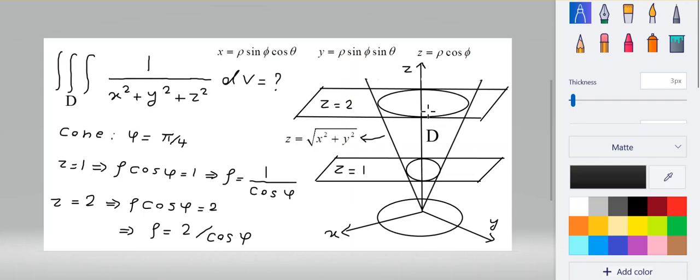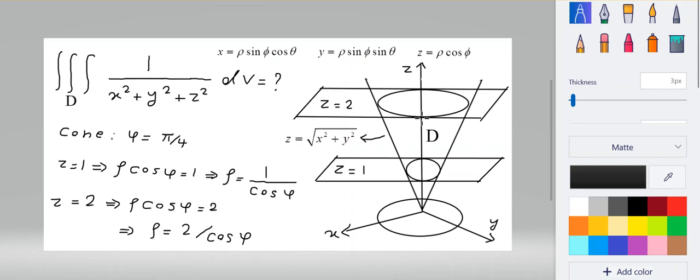Do you remember rho is between two surfaces? Each surface is a function of phi and theta. Here it happens that these two equations are independent from theta, but totally we are viewing these two as functions of phi and theta. So rho is from 1 over cosine phi to 2 over cosine phi.